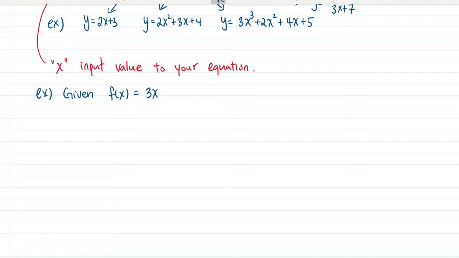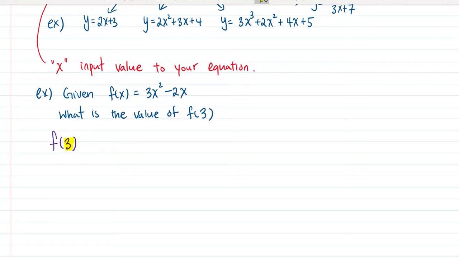For example, you're given f of x is equal to 3x squared minus 2x. Then what would be the value of f of 3? So how do we do this? Whatever value you have inside the bracket after the function notation will replace all the x values in the given equation.